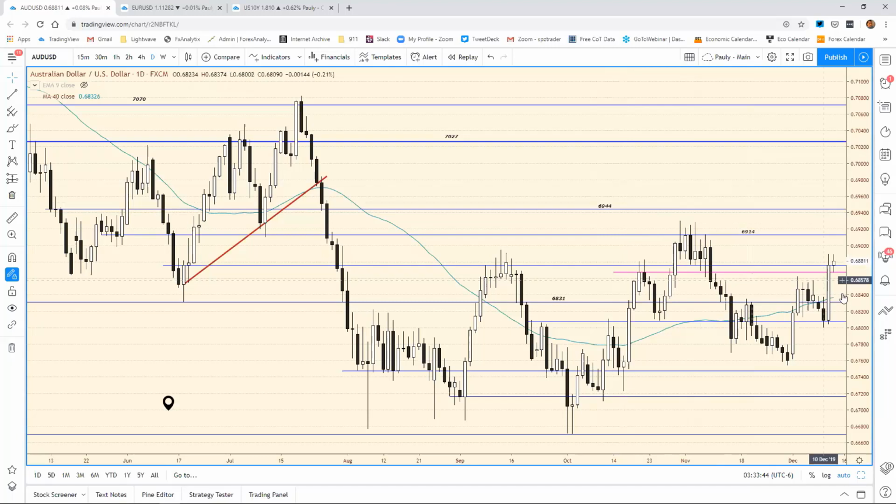Support is now going to be 68.48. And like I said, we were able to get above the 68.65 and even close above 68.67.